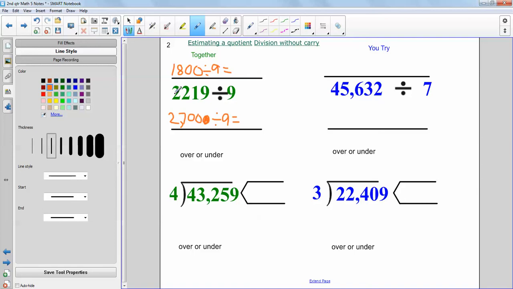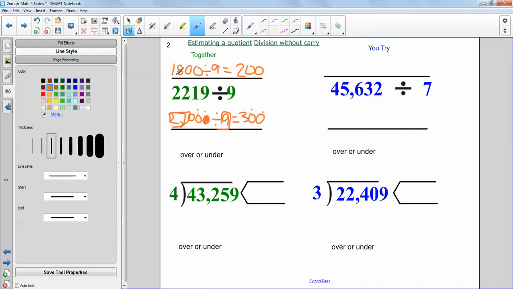So I'm going to have 200 or I'm going to have 300. So again, I box in my basic facts and then count how many zeros are at the end.